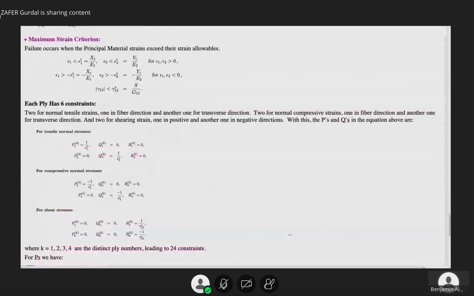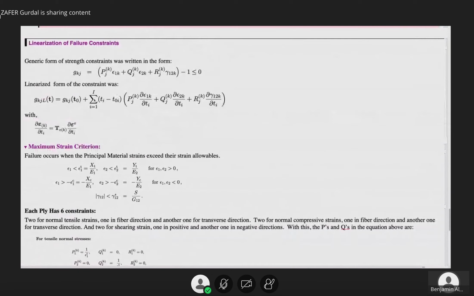Now I'm kind of ready to start writing these expressions. Okay, let's see. K will be the ply number, J will be the orientation, and I will be the orientation as well. Where are my J's? 1, 2, 3, 4, 5.